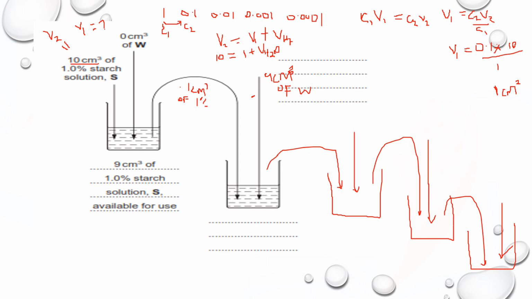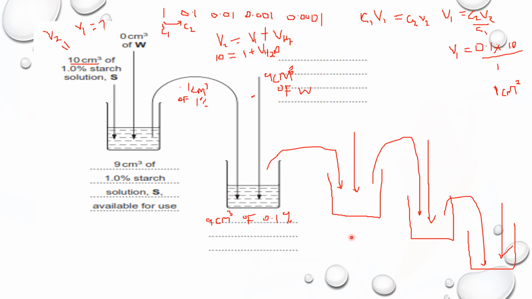So what will be written at the bottom here will be 9 cm cube of 0.1% of S. Then you are taking 1 cm cube of 0.1%, with 9 cm cube of water added.